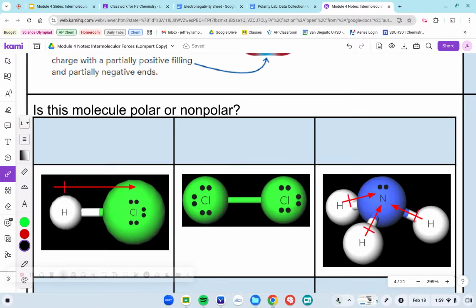What do y'all think? You got it wrong. So now you know it's not polar. Try to explain why. Okay? How do you know this one? Okay. So what are you thinking about HCl? So which way is the arrow here?